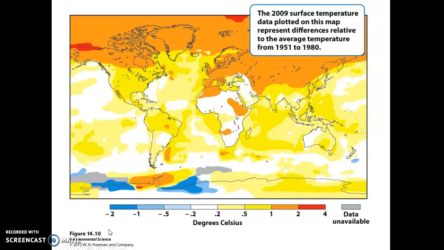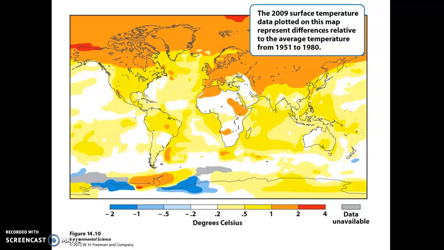Now, again, looking at a little bit older data, but it's still relevant today and continues on the same trend. On this map, it's a heat map, basically. It's a map of the surface temperature data showing the differences relative to the average temperature from 1951 to 1980.